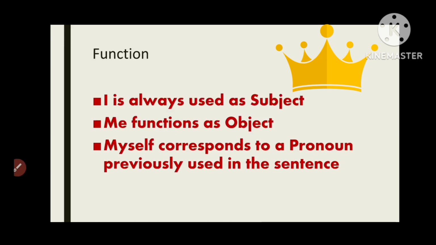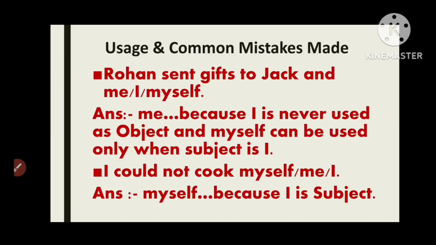We will understand these usages with the help of functions. I is always used as subject and me functions as object. Myself corresponds to a pronoun previously used in the sentence. What does this mean? For example, I went to the market. Here I is a subject.